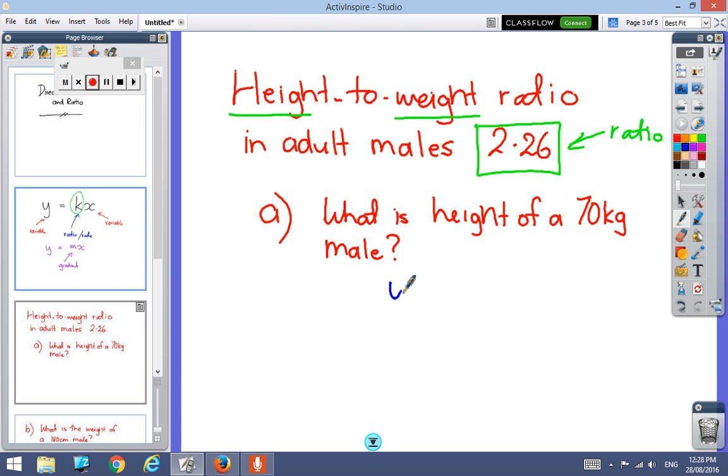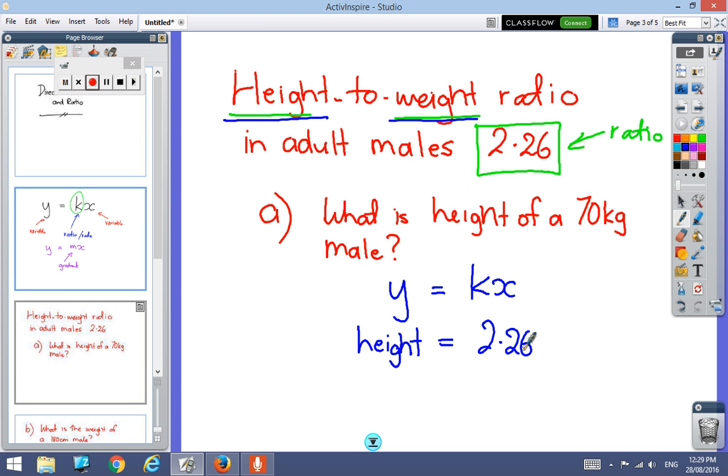So y equals kx. Now, y is the subject of this equation and it's written height to weight, so y is equal to the height. k is our ratio, so I can put that in.